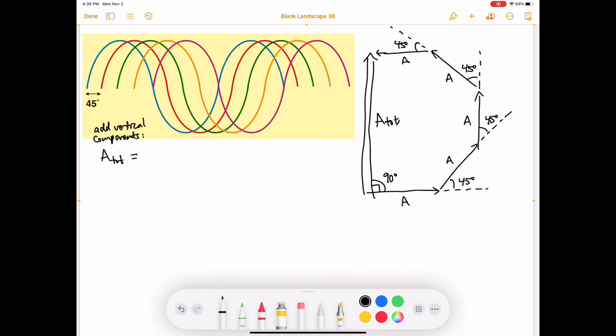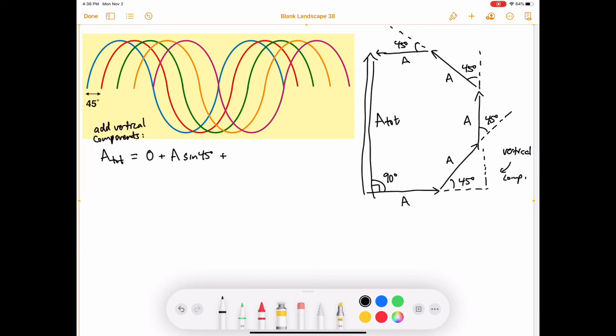So the first phasor I drew has a vertical component of 0. It's pointing only horizontally. The next one is going to be amplitude A times sine of 45 degrees. We want this part right here, the vertical component. So that would be A times sine of 45 degrees.